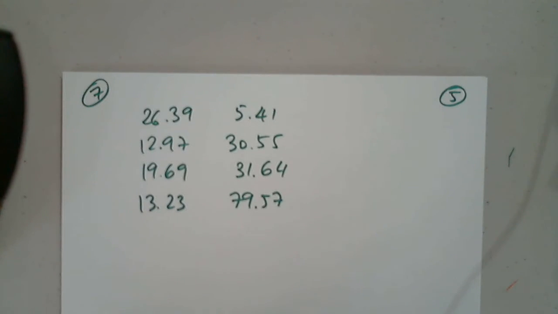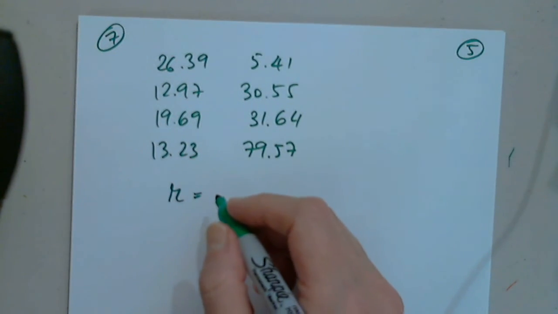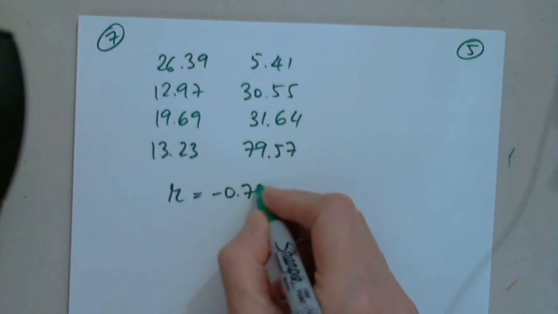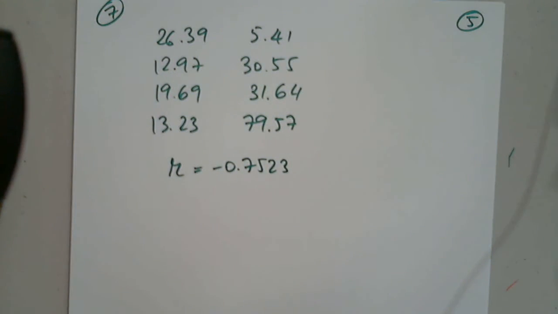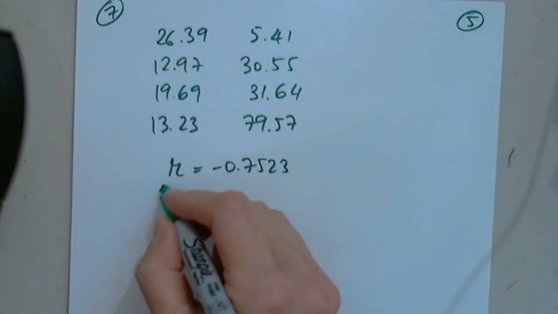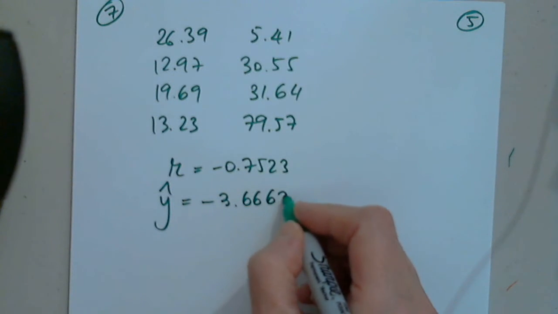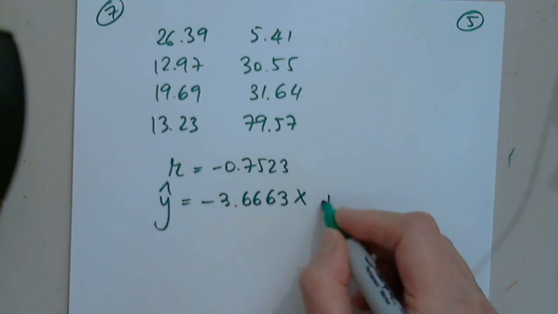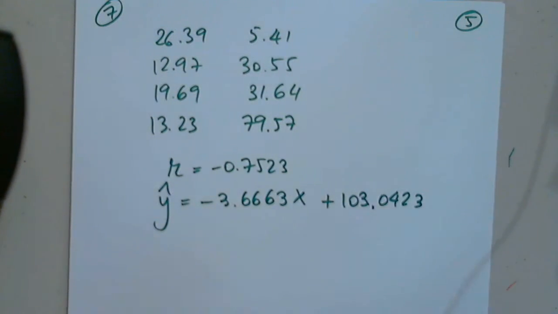So the correlation coefficient is R equals negative 0.7523. Then the prediction is right here, the predicted values. So y hat equals negative 3.6663 x plus 103.0423.